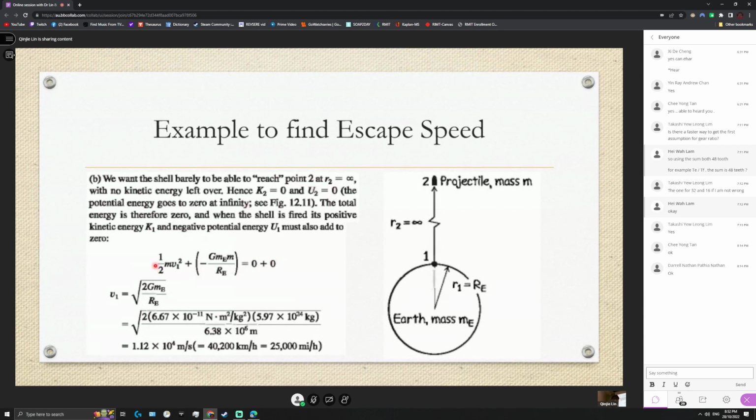If you write the conservation of energy to find the escape speed, the U2, which is the potential energy at that point, must be equal to 0. That means there's no energy left, so you sort of break free from the Earth at that point.